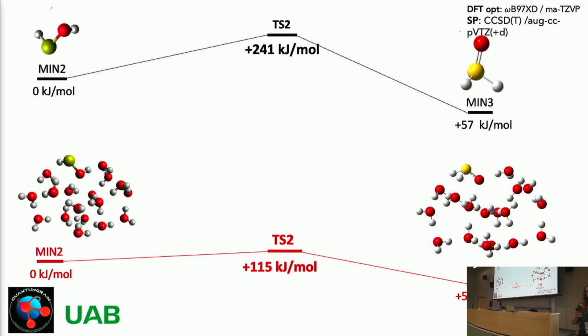Maybe this is a bit confusing, so I'm sorry about that. But these are isolated processes, so this is not an endothermic reaction, right? Of course, here I indicated it as a 0 point. But you have to also take into account the amount of energy that derives from the interaction of the sulfur atom with the cluster, which is a lot, about 280 kilojoules per mole.